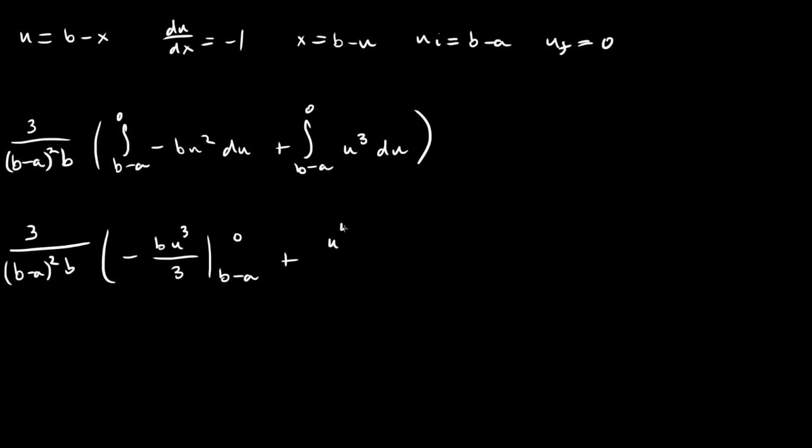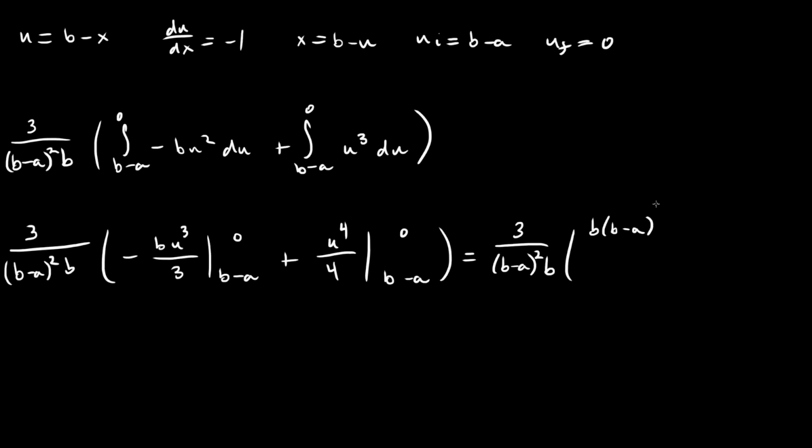And the second integral will turn into u to the power of 4 over 4 from b minus a to 0. We don't need to worry about the zeros since they'll just turn the function to 0. But then now what we get is 3 over (b minus a) squared b, and then this will turn into (b minus a) cubed over 3, and here this will turn into (b minus a) to the power of 4 over 4. And the reason why the sign switches is because b minus a is on the bottom instead of the top.